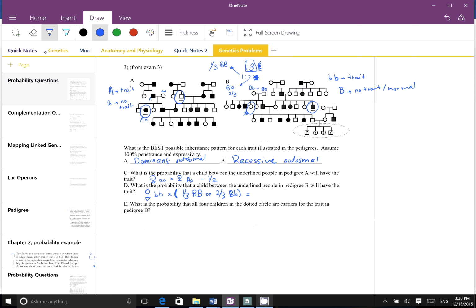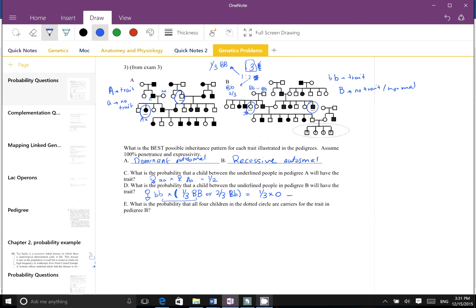So when she is homozygote for the trait, it's 1/3 times homozygote times homozygote. It's 0 probability of the kid having the trait. Again, it depends on whether you know your ratios or not. That's how you're going to figure it out.